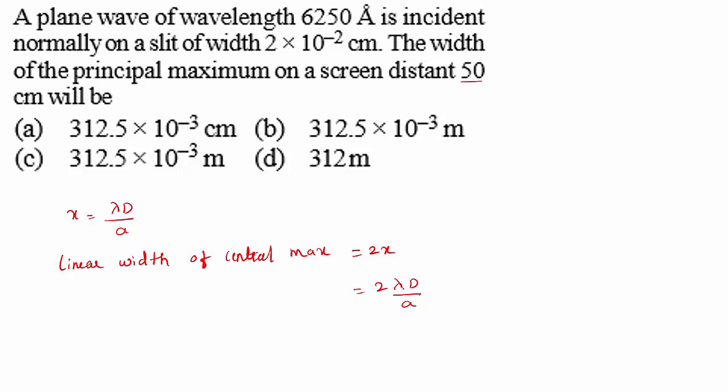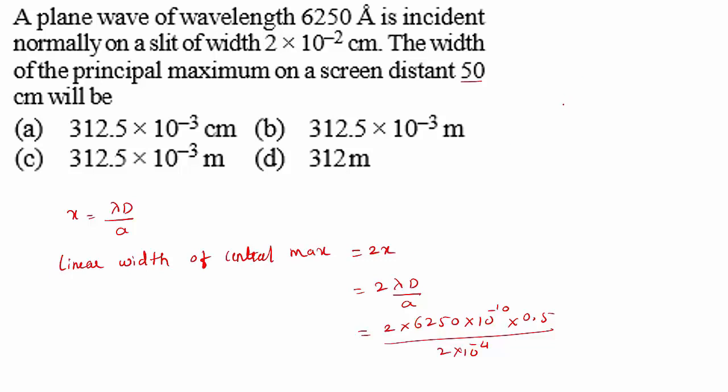Here, the width of central maximum is 2 lambda d by a, and all the values are given here. If you know the equation, directly substitute the values. Wavelength is given 6250 angstrom unit, means 10 raised to minus 10 meter, and distance is given 50 centimeter, can be written as 0.5 meter, divided by the value of A, that is slit width 2 into 10 raised to minus 2 centimeter. So convert into meter, that is 10 raised to minus 4.